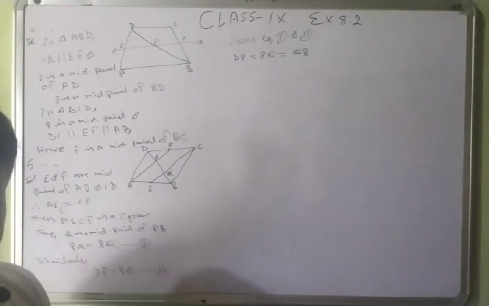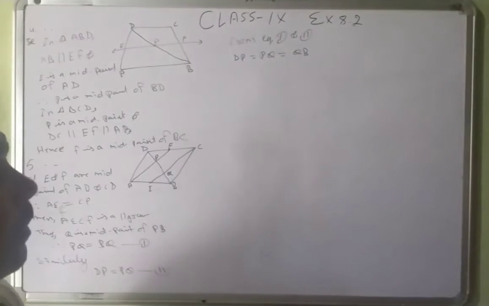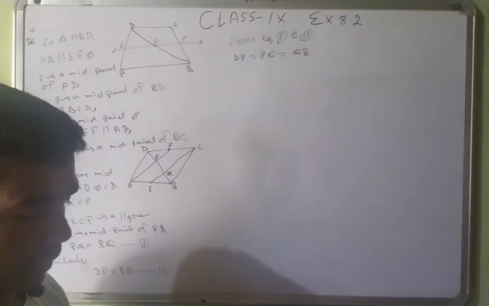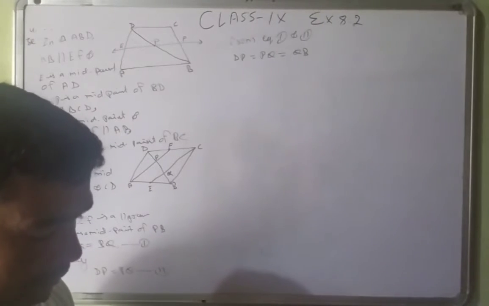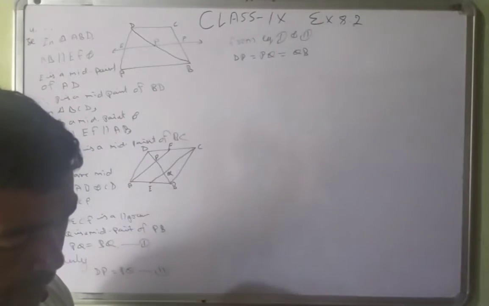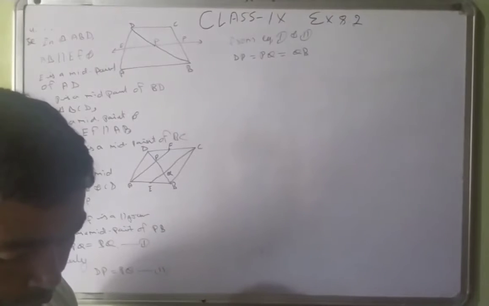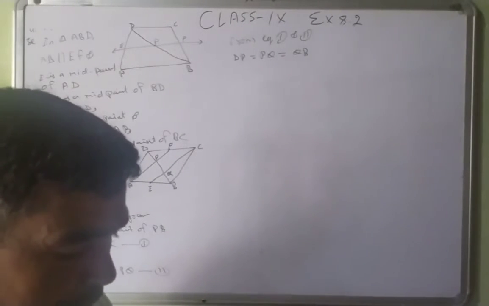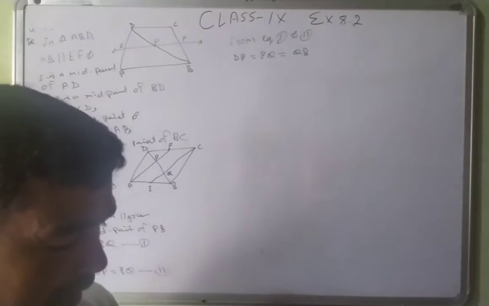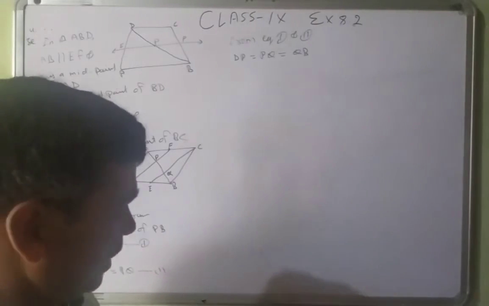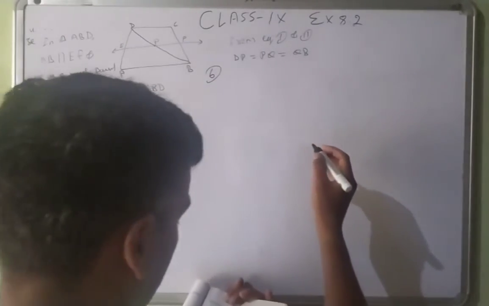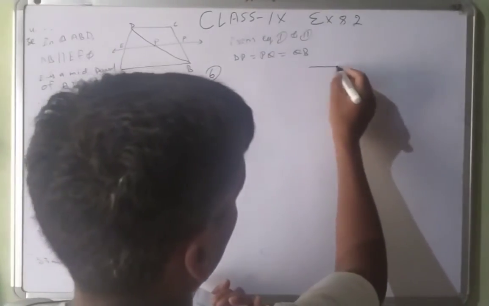Question number 6. Prove that the line segments joining the midpoints of opposite sides of a quadrilateral bisect each other. So first of all we will draw the quadrilateral.